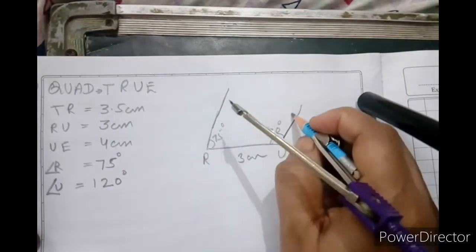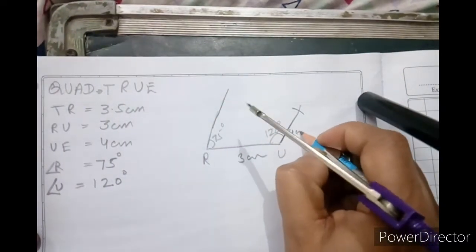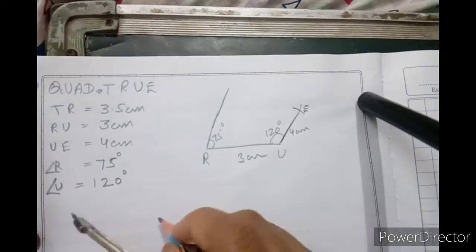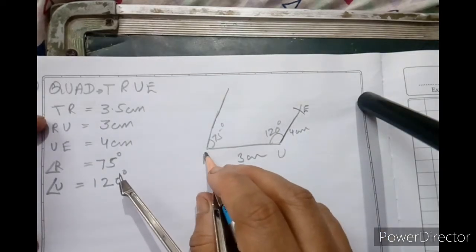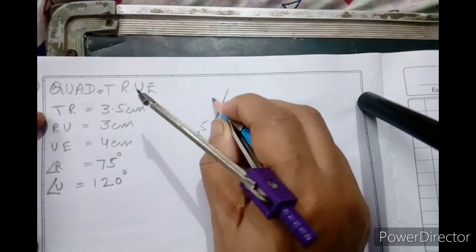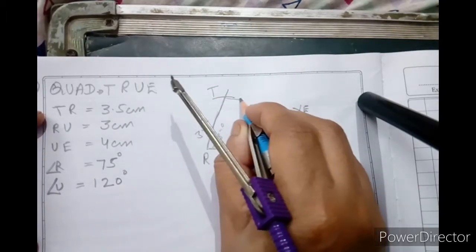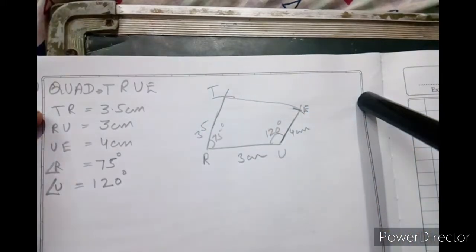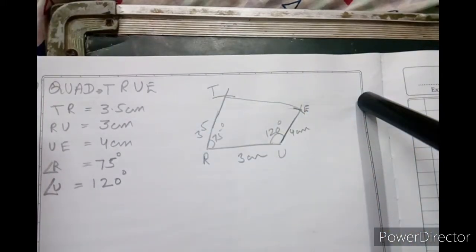Now UE, when you cut this 4 centimeter, you will get point E, and from R when you cut 3.5 centimeter, you will get T, and you will join these two. You will get the required quadrilateral.